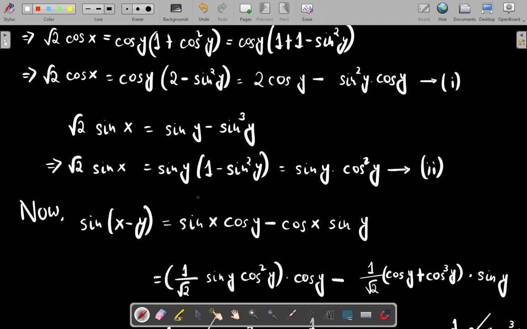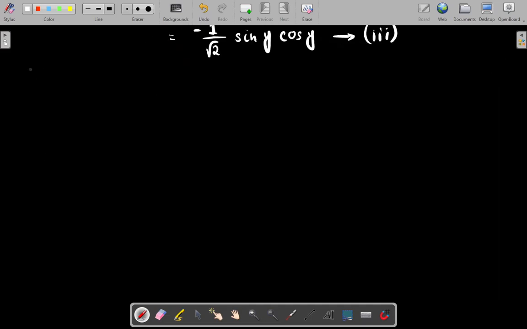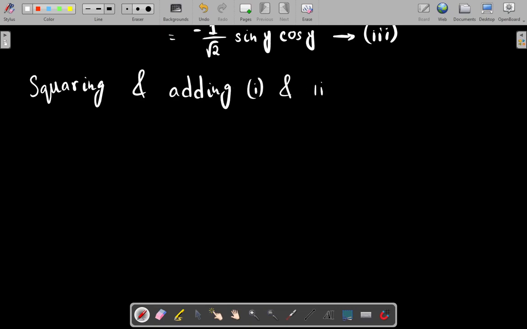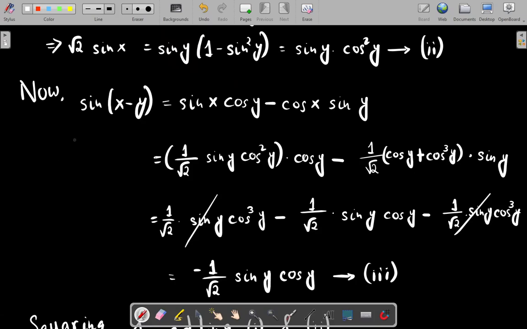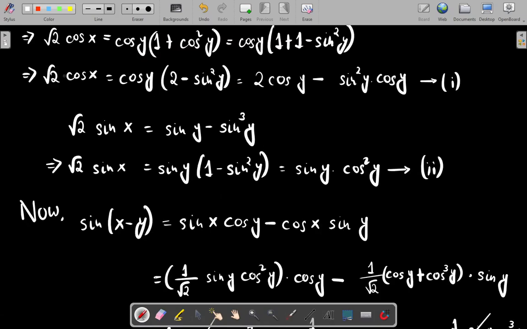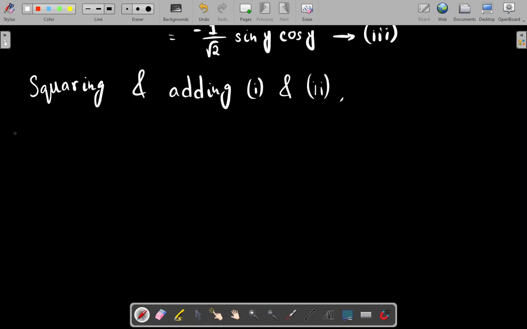Okay, so now let us square and add equation 1 and 2 and see what we can get. Squaring and adding equation 1 and equation 2. Equation 1 was root 2 cos x in the LHS, right? So this becomes root 2 cos x whole square, and the LHS of equation 2 was root 2 sin x, right?